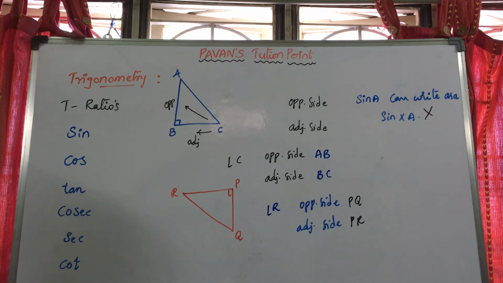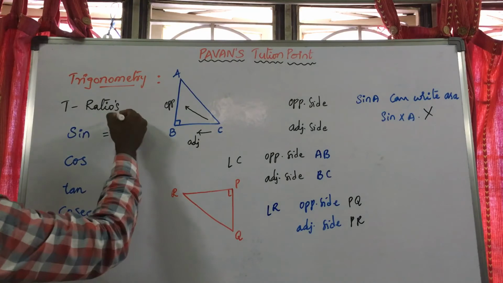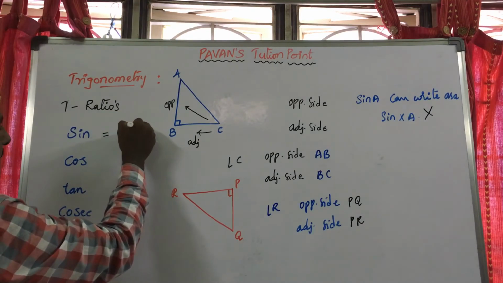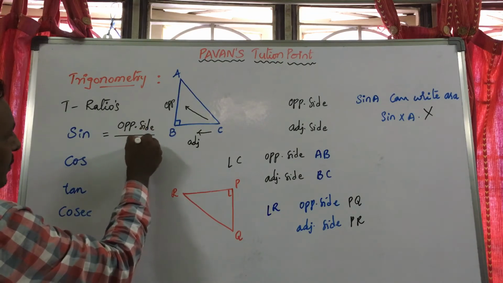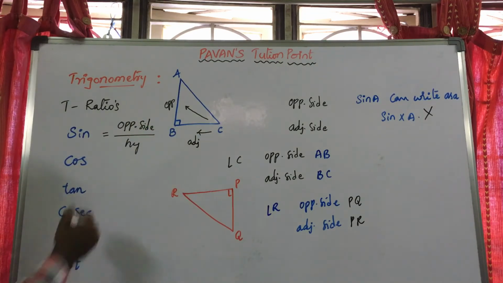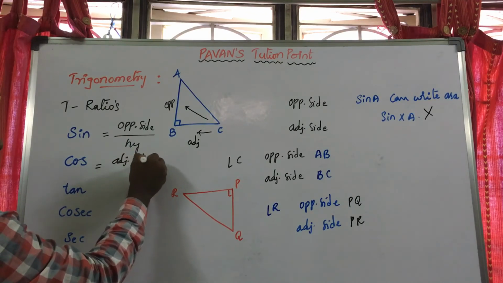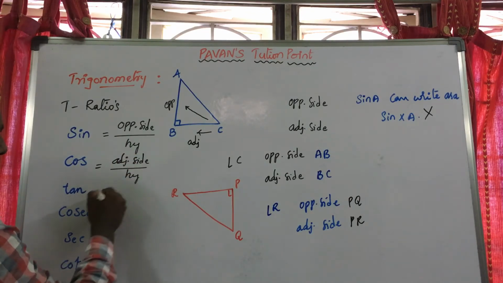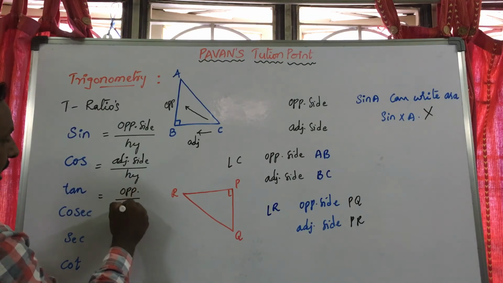Now I am going to write the trigonometric ratios of any angle. The sine ratio is opposite side by hypotenuse, and in the same way cos is adjacent side by hypotenuse. The tan is opposite side by adjacent side.